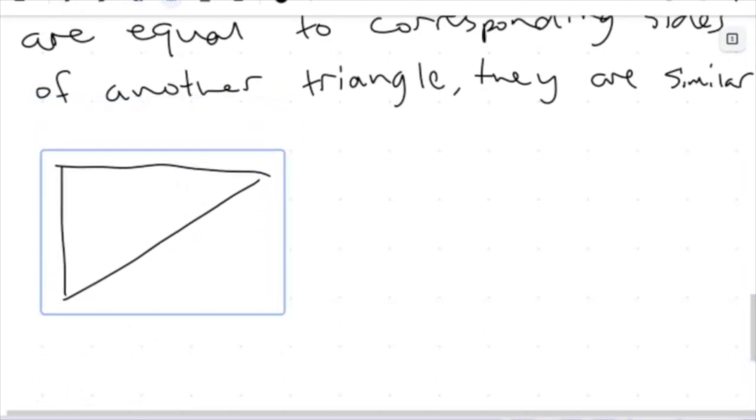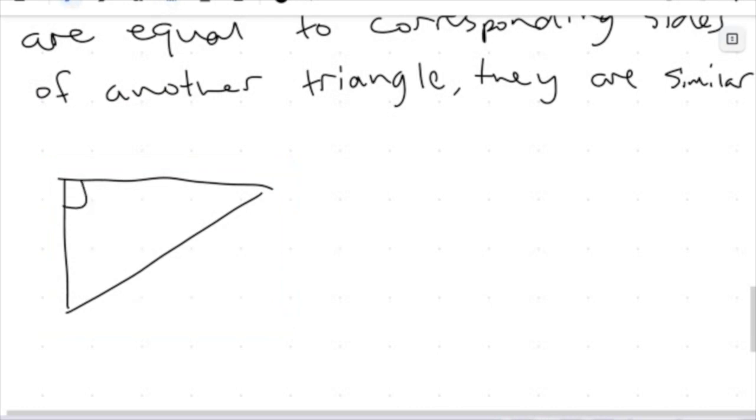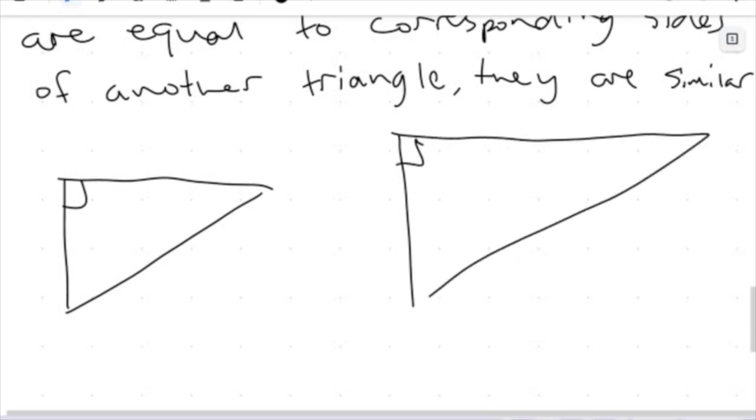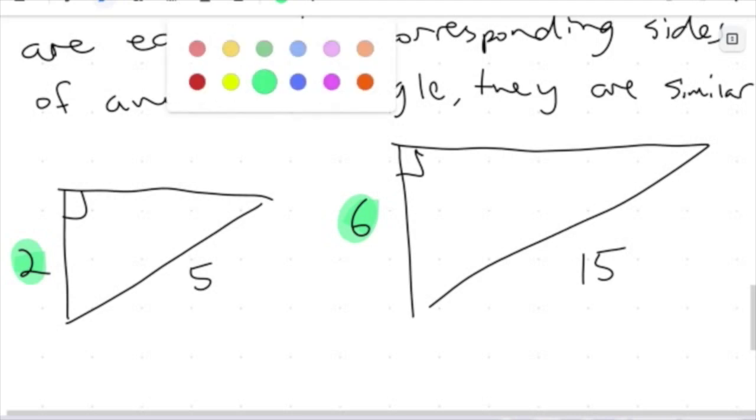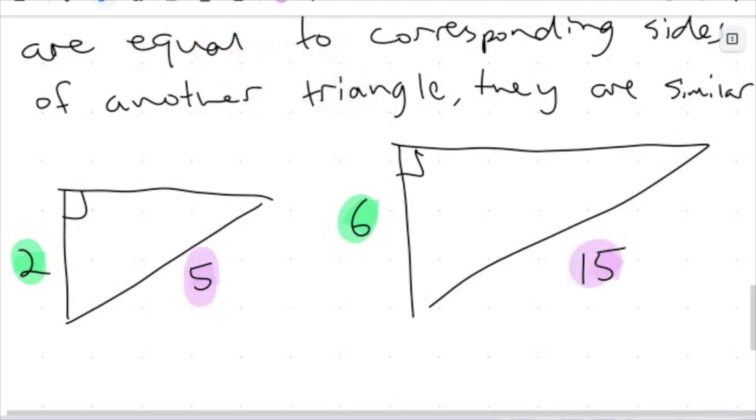All of these you can kind of map to what we've learnt from congruence, but we just treat them slightly differently. Now, for example, if you have 2, 6, 5, 15 here, as long as we have two right-angled triangles and these are in proportion, then we know that they're going to be similar.